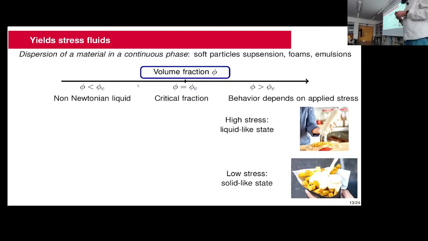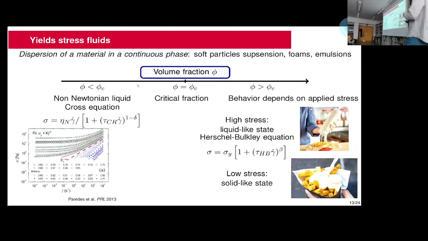And if you look at steady-state experiments on such materials, they follow two well-known equations: Herschel-Bulkley for the flow of yield stress fluids above the critical volume fraction, and a Cross equation below. And you have a smooth transition across the critical volume fraction.